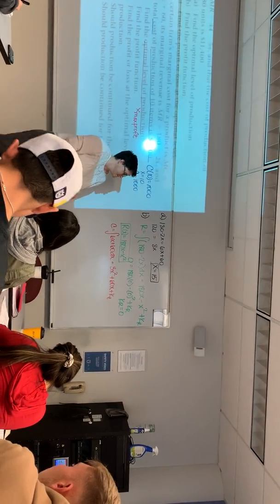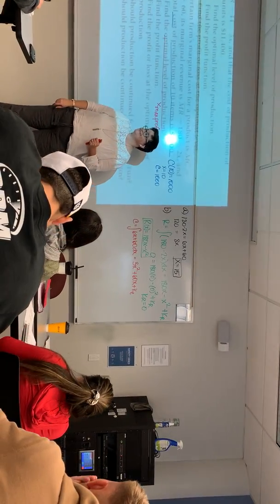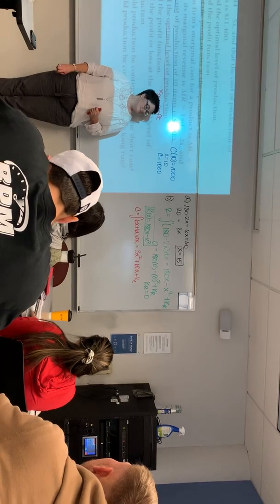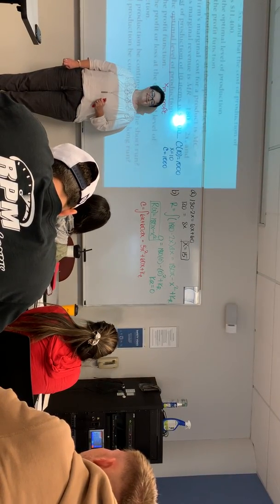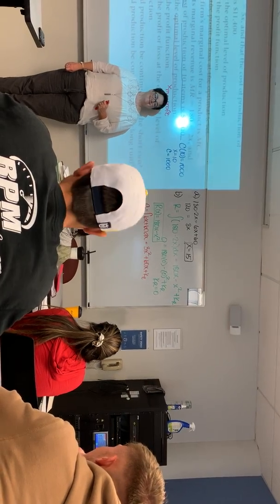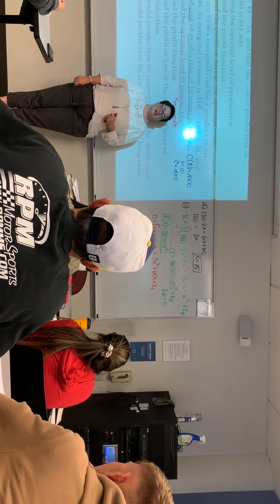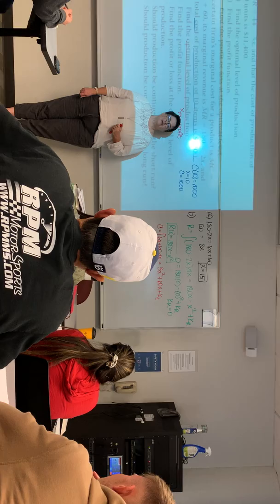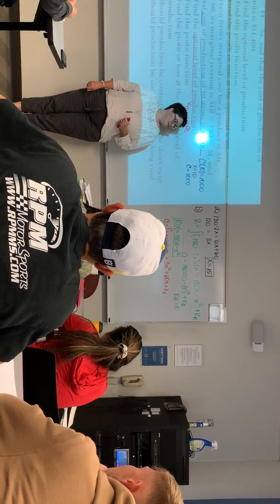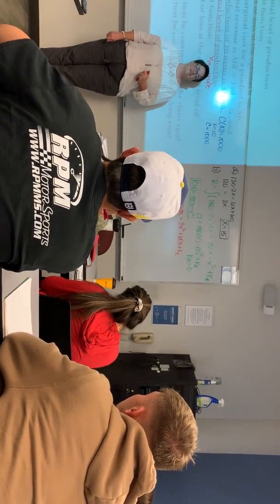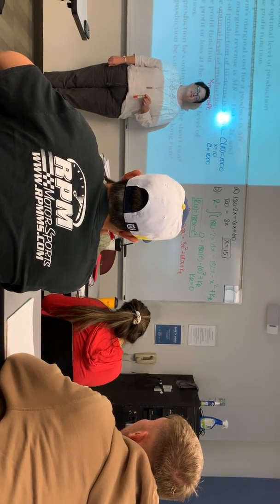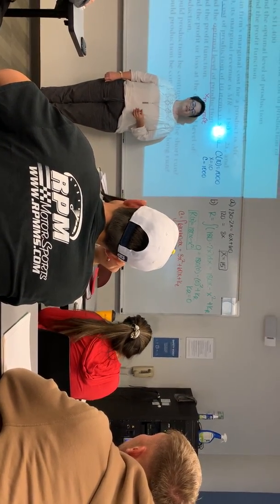I'll give you guys a second to figure that out. How did you get 3x squared plus 60x plus k sub c? Try to figure it out, just for a second. It's good for you.